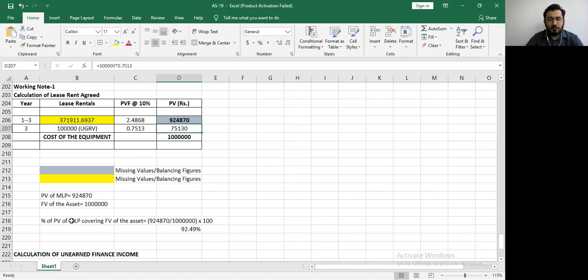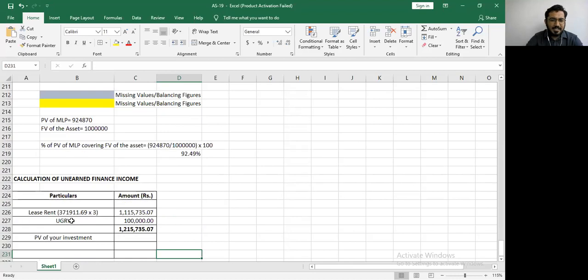Since we are thinking from the viewpoint of the lessor, we have to include 75,130 also. वैसे तो अनगारंटीड रेसिडुअल वैल्यू 1 लाख है, लेकिन ये आज की वैल्यू है. 3 साल बाद टाइम वैल्यू ऑफ मनी के हिसाब से कितना वैल्यू आएगा? 75,130.